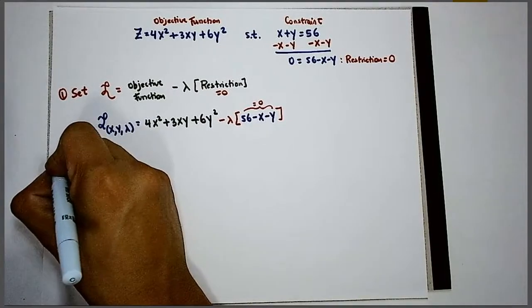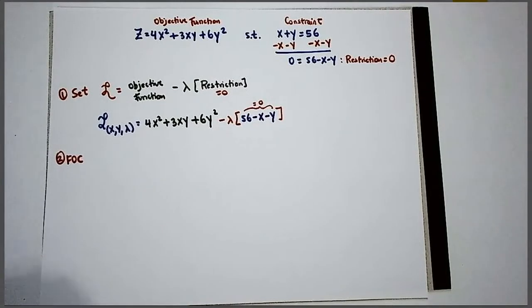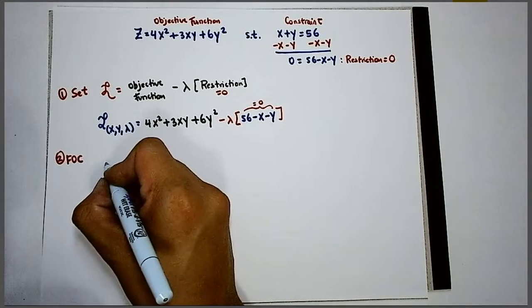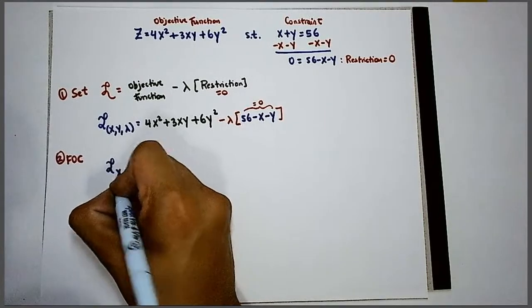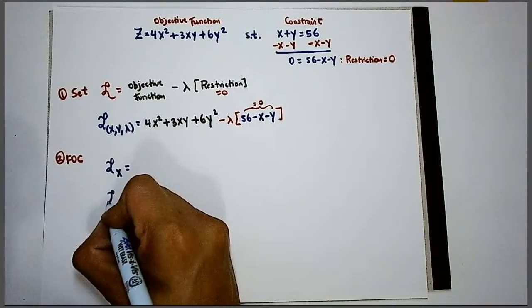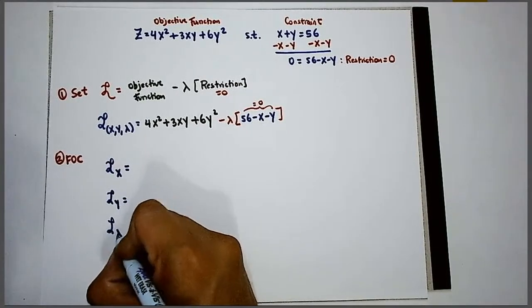Now our second step is to find the first order conditions for each of the variables. Because we have 3 variables, we will have 3 first order conditions. The first one with respect to x, then with respect to y, and finally with respect to lambda.